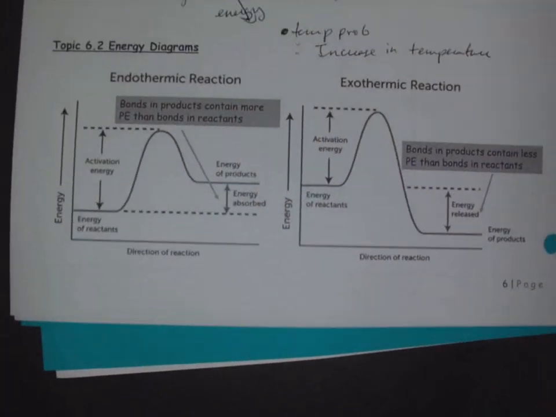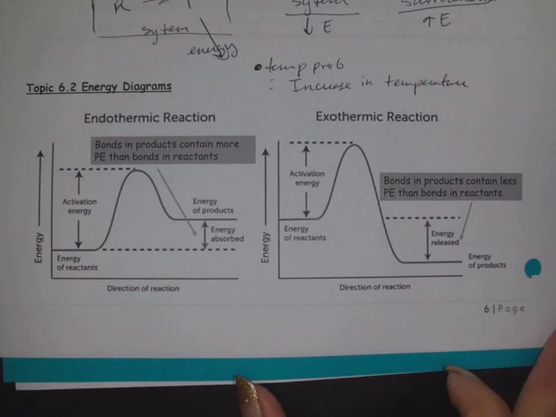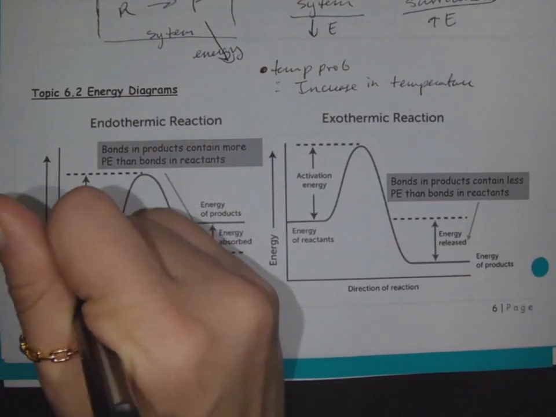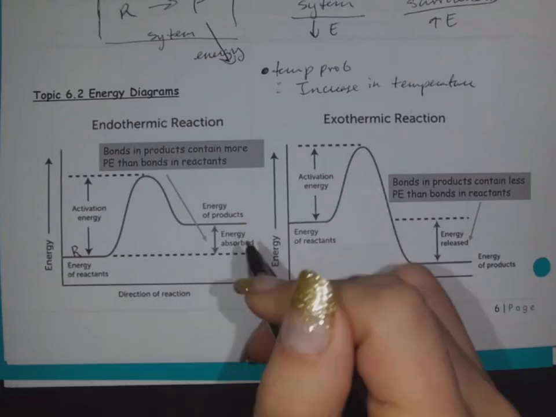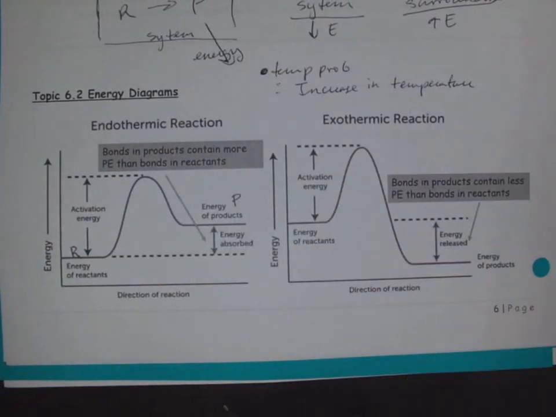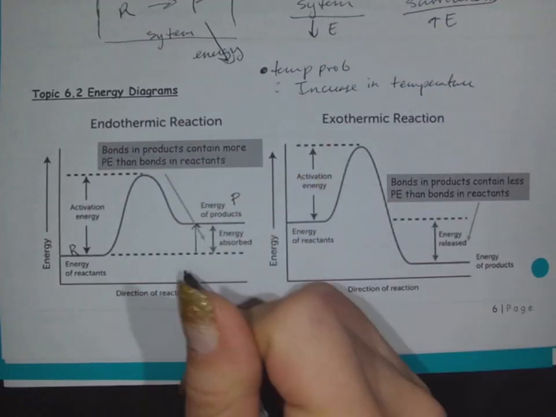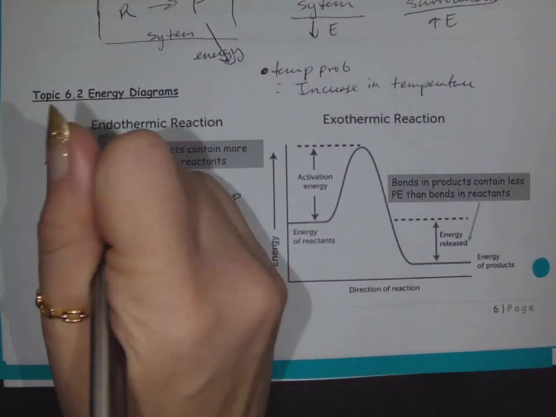Alrighty. We've seen these energy diagrams before, so just a quick reminder. When reactants have lower energy and products have higher energy, that means we had to go from a lower to a higher energy. This is endothermic.